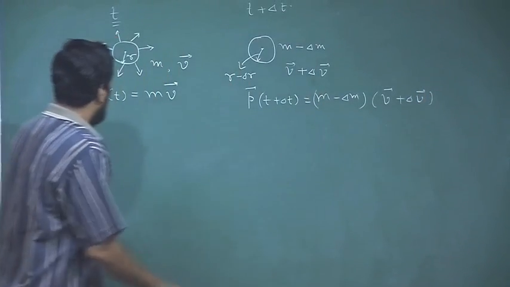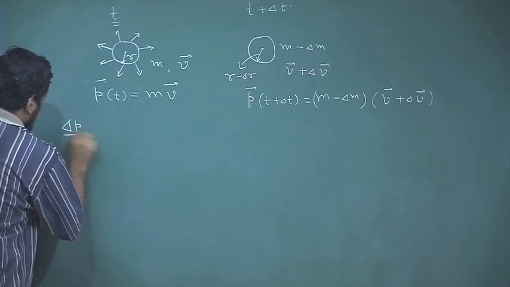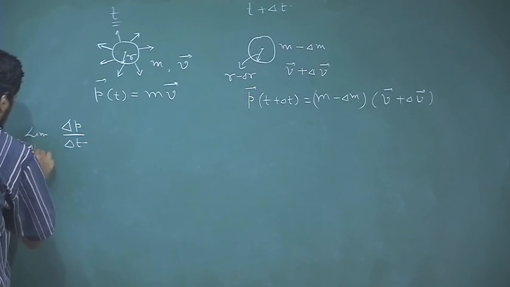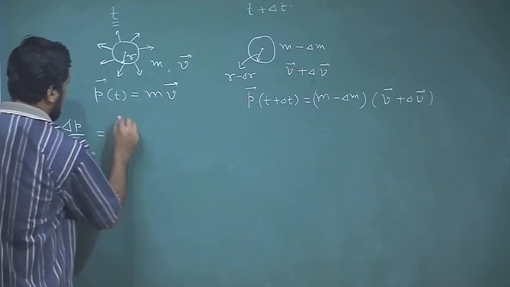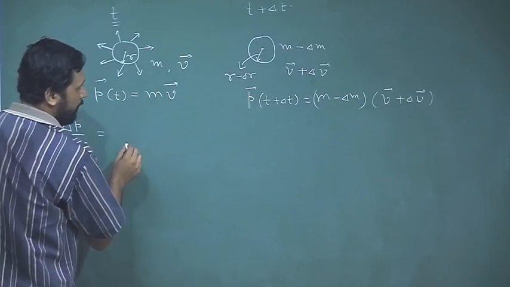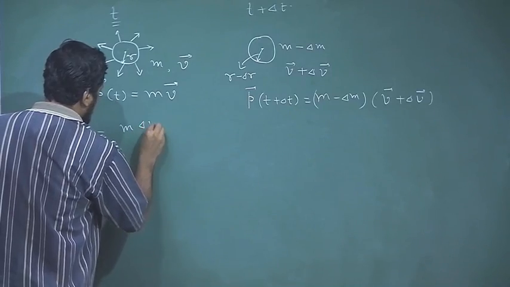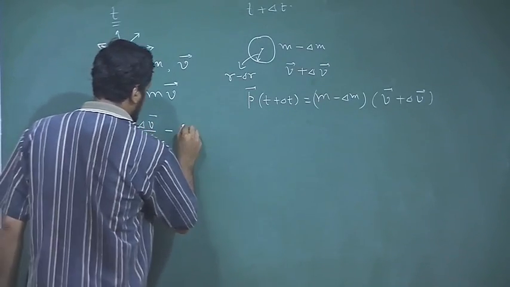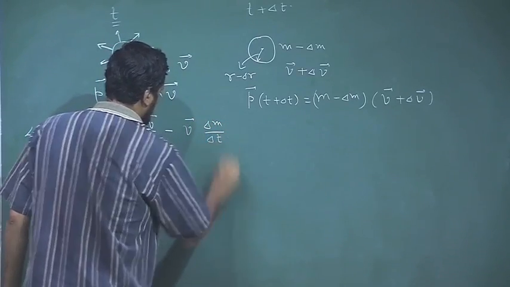So if we compute delta p by delta t, limit delta t goes to 0, the mv will cancel out, and essentially we will have m delta v by delta t minus v delta m by delta t.